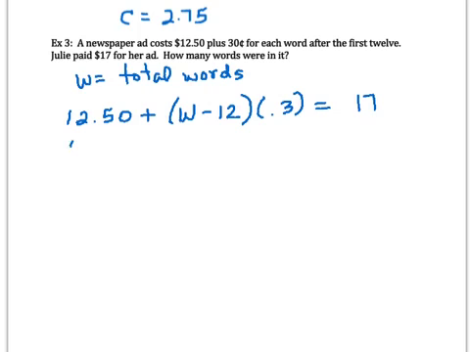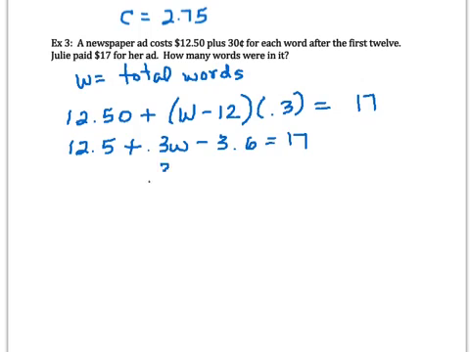So we're going to distribute 0.3, and this is what we end up with our equation. And I'm going to add 12.5 and negative 3.6 and get 8.9.